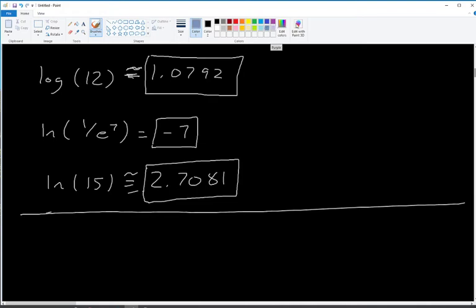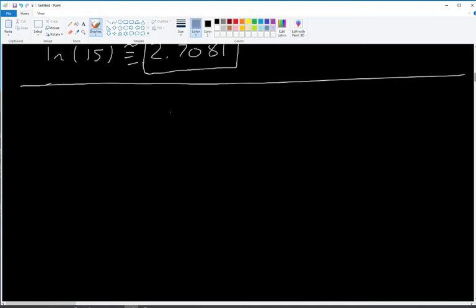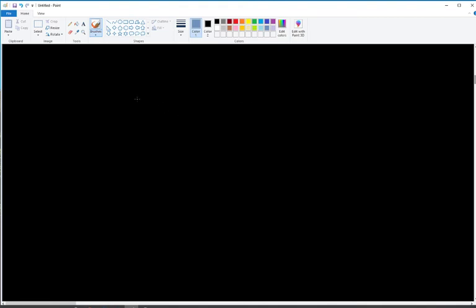Then the last types from this section use what's called the change of base formula. Let me write this down the same way it's written down in our textbook. So change of base formula. This basically lets you convert a logarithm of one type to a logarithm of a different type.